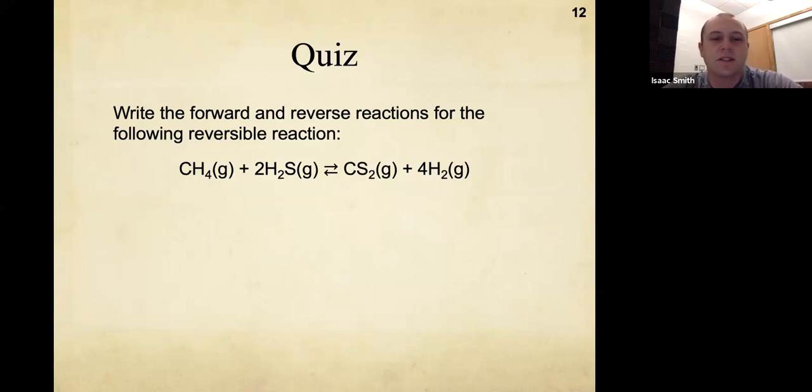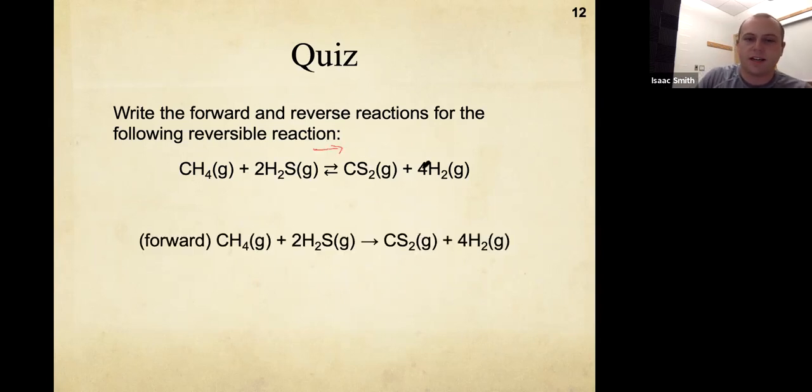Okay, so the question wants us to write the forward and reverse reactions for the following reversible reaction, okay? So if we looked at just the forward reaction, so just methane plus dihydrogen sulfide going towards the right, we're going to create carbon disulfide and hydrogen gas, right? This is the forward direction of that reaction.